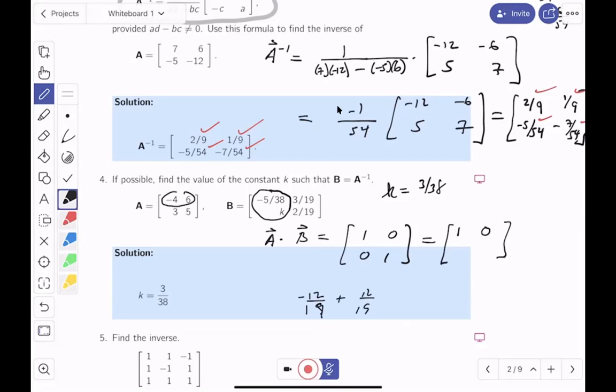All right, let me get my eraser out. I'll do the next one. And the next one's going to be that, 3 times minus 5/38, which is minus 15/38, plus 5k. And with 5k, that would be 15/38. Again, this is what we believe k is. That would give me 0, which is what I wanted. My eraser out.